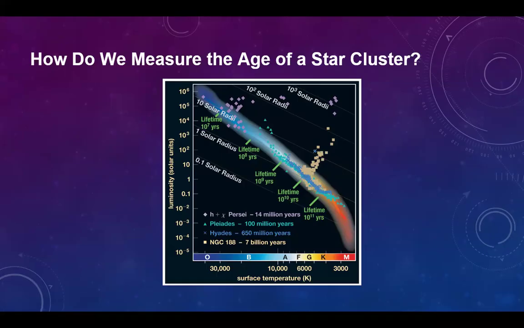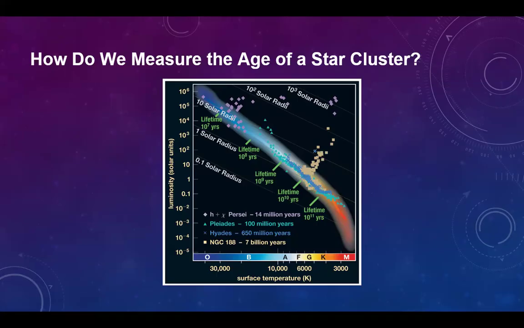So all the stars in a star cluster should be about the same age. And that means we can look at which stars are still on the main sequence and which have moved off the main sequence towards dying. And that can tell us about the lifetime of the star cluster.